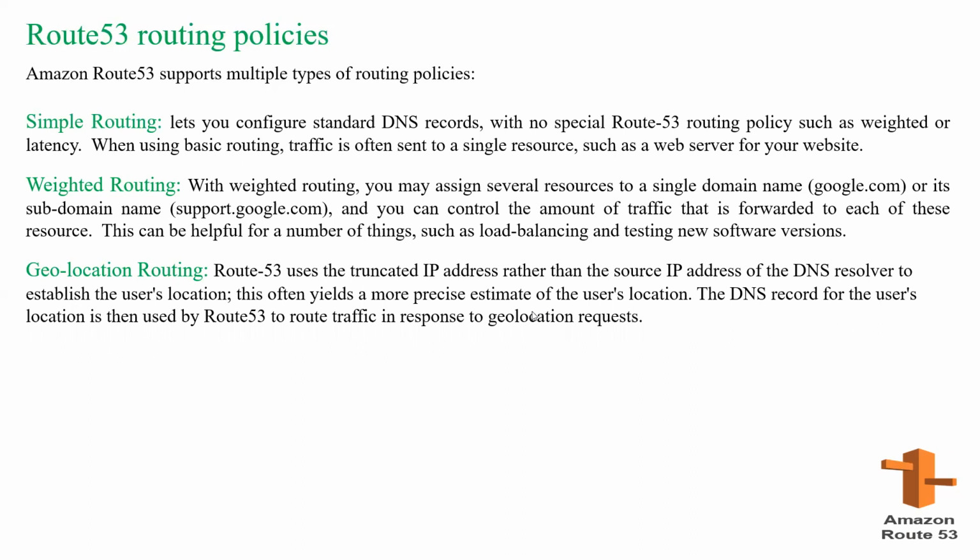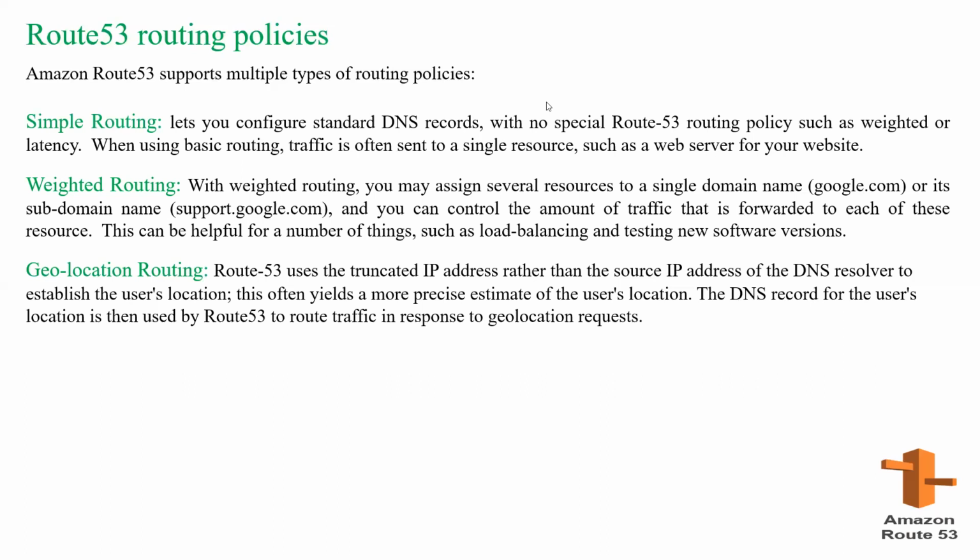In your EC2 instance, it will show a different page, different content of the same msn.com, related to that particular location. So Route 53 will understand from where exactly the user is accessing the web page. According to that user's location, it will route the traffic to that specific web server.